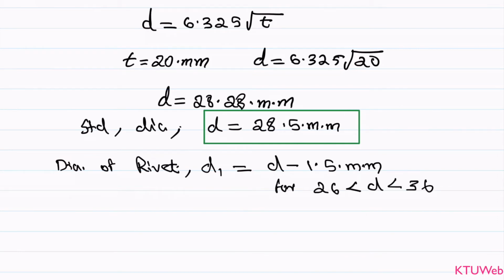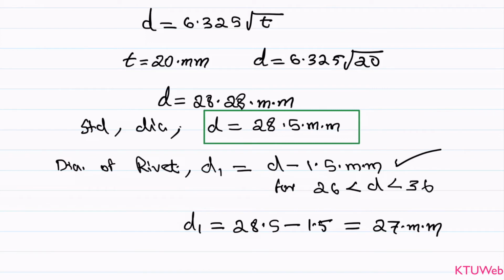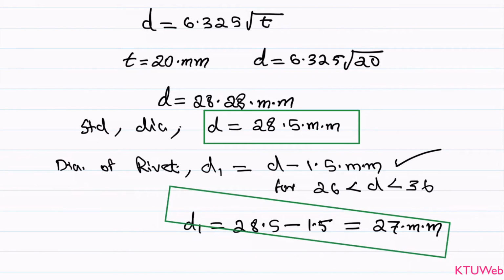Since the diameter falls between 26 and 36, you can use this standard equation from the data book to find the diameter of the rivet shank. We get D1 equal to 28.5 minus 1.5, that is equal to 27 mm. That means the rivet shank will be selected as 27 mm for this design.